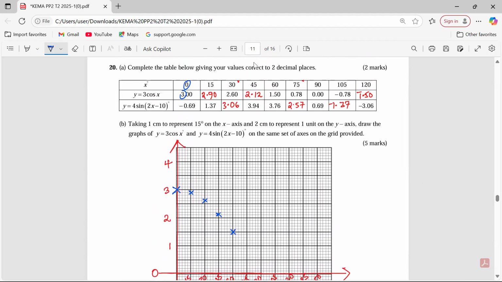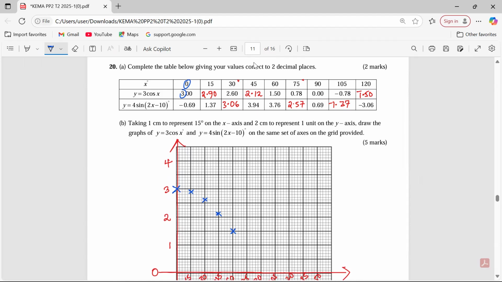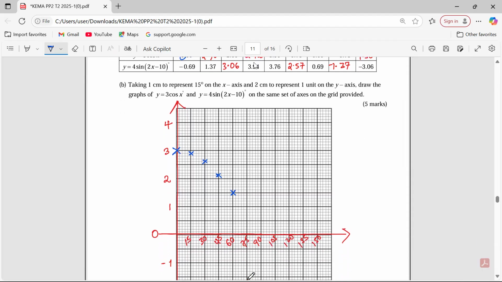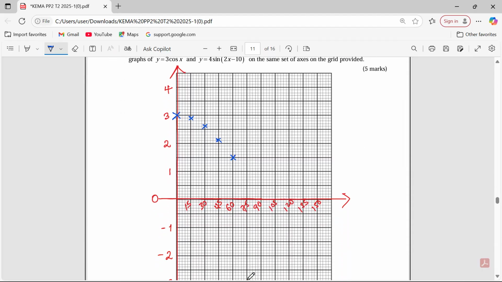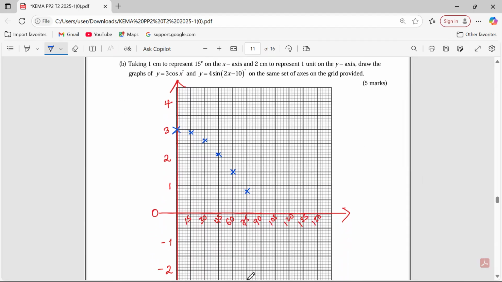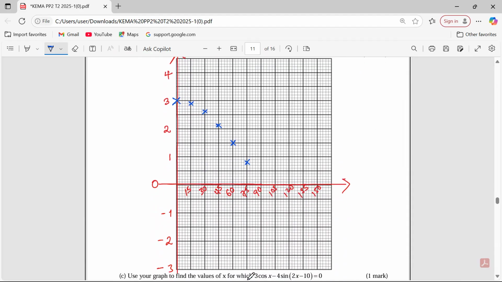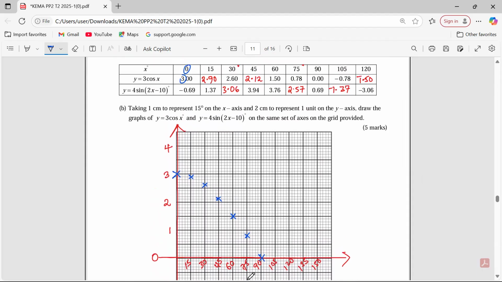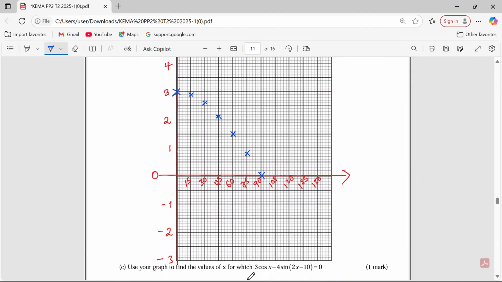75 and 0.8. I'm trying to round off to the accuracy which can be plotted on our scale. So 75 should go with 0.8, slightly below 1. 90 and 0. We talk about 105 and negative 0.8, which is almost at negative 1.